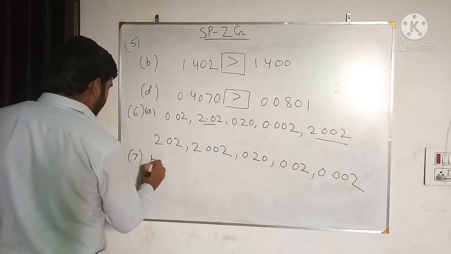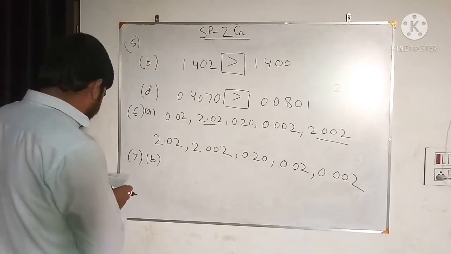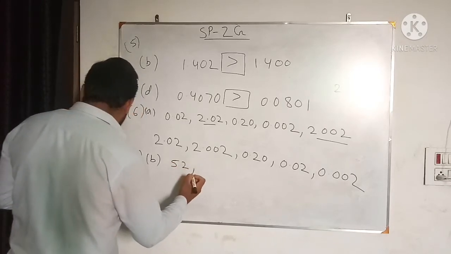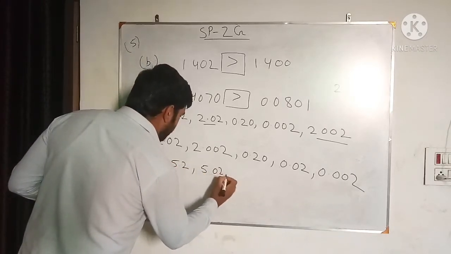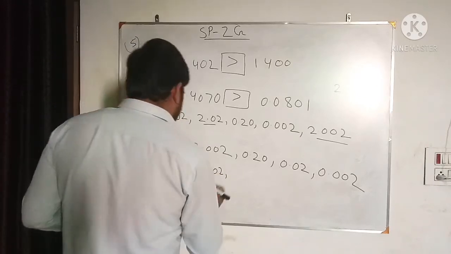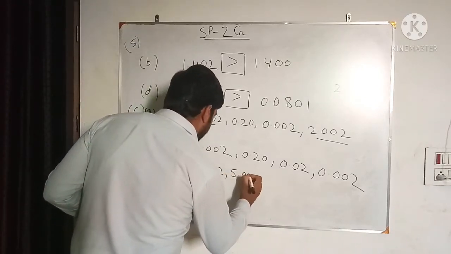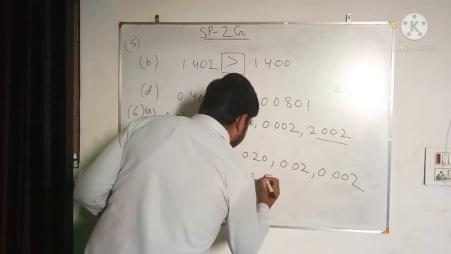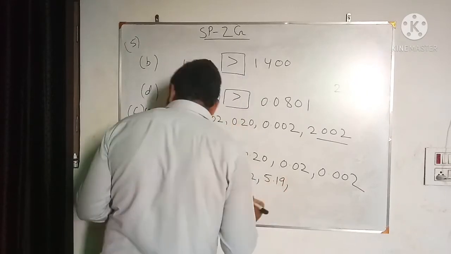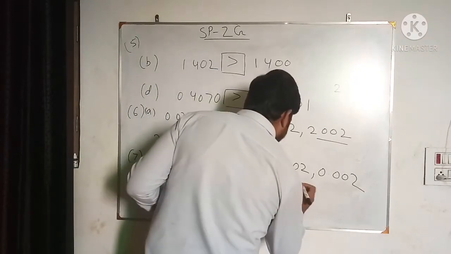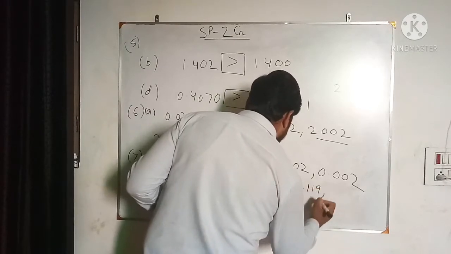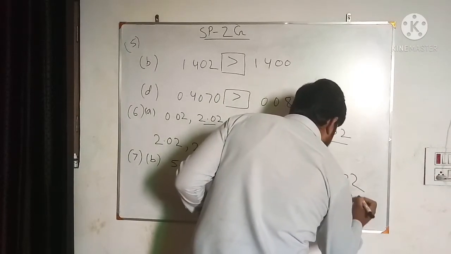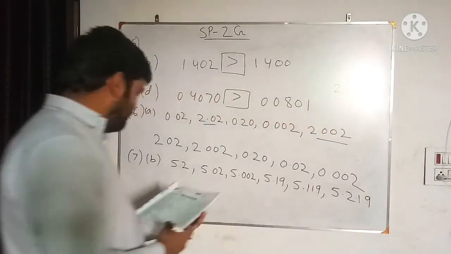Now 7B: 5.2, 5.02, 5.002, 5.19, 5.119, 5.219. Ascending order means smallest to greatest.